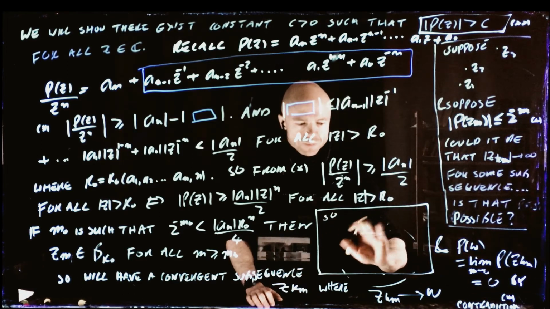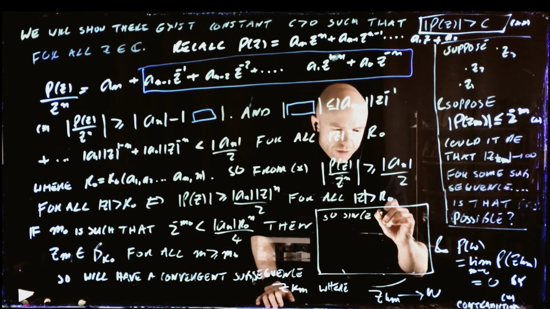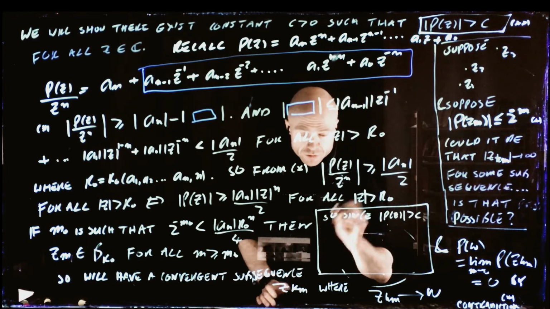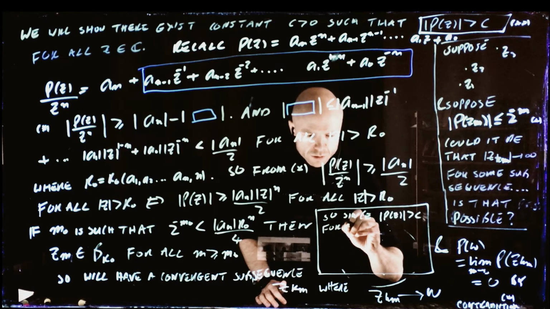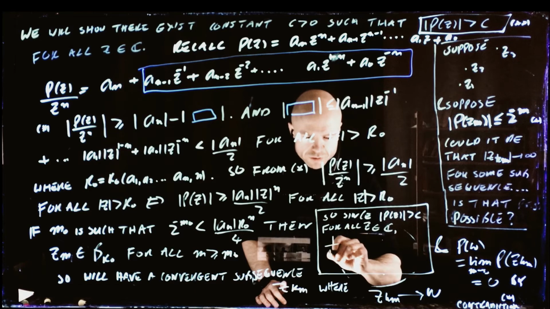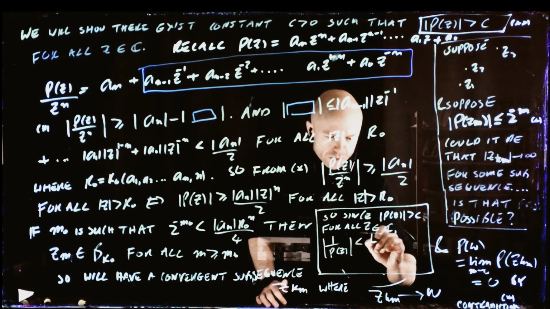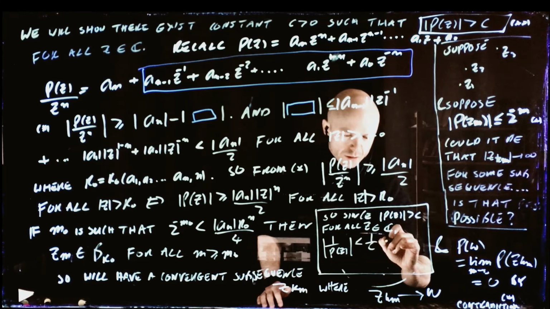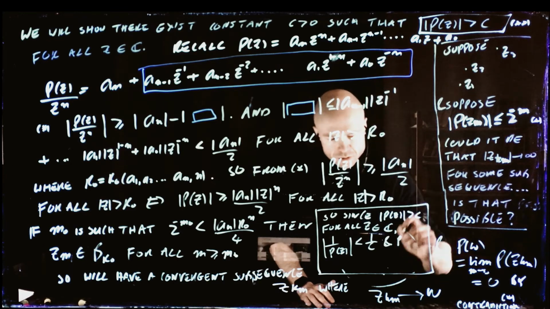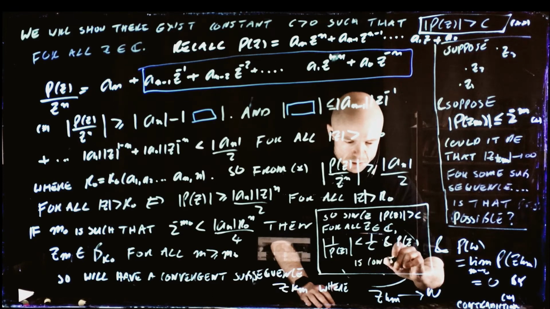So, since we have that |p(z)| is bigger than c for some constant c for all z inside the complex plane, |1 over p(z)| is less than 1 over c, right? And 1 over p(z) is constant, so p(z) is constant. By Liouville.